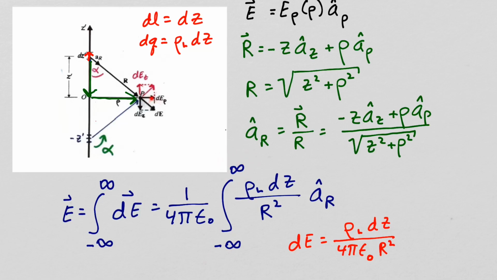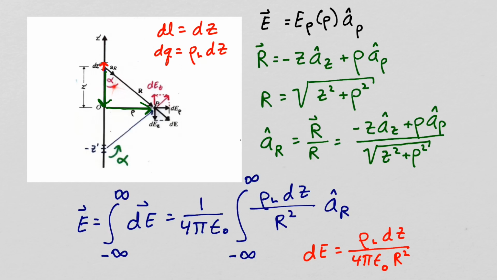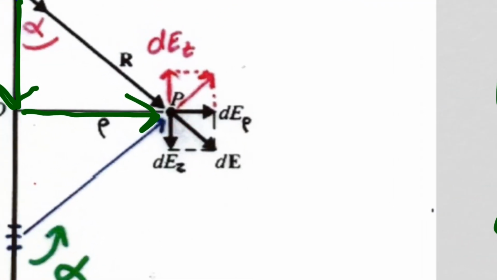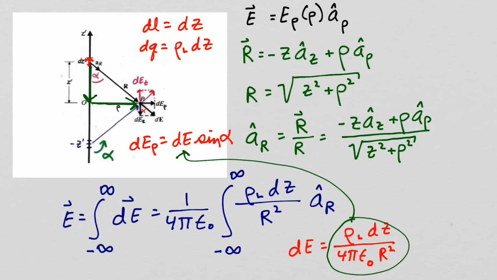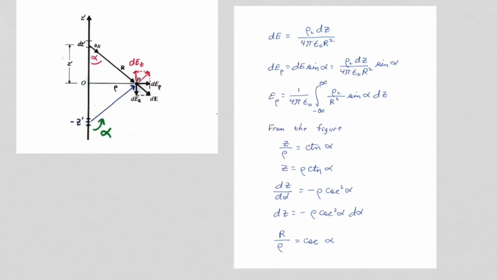If we call this angle alpha, then this angle in here is also alpha. So the rho component, dE sub rho, is dE times the sine of alpha. So we'll substitute this in for dE. So we have an expression for the rho component due to this dq up here.